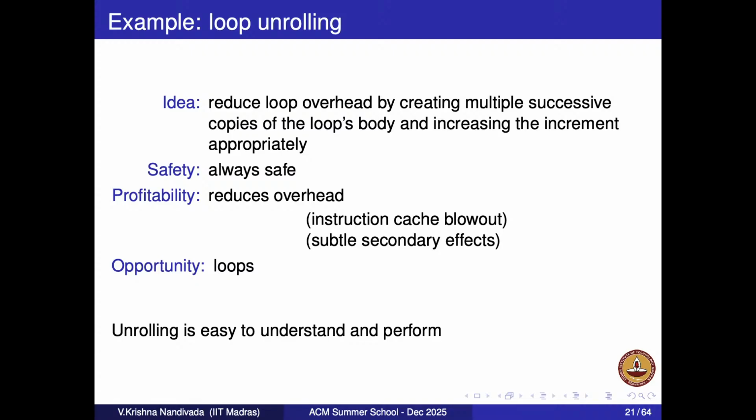For example, let's say I have a while loop. Most of the time in a while loop, the condition is true or false? True. Even though there is no guarantee, as a compiler, I'll say, you know what, in a while loop, I will assume the condition is true, correct?